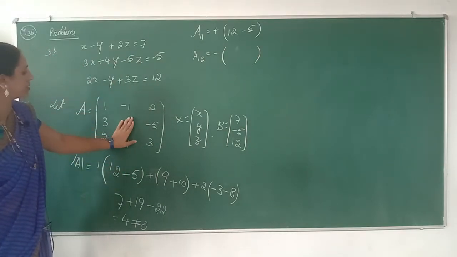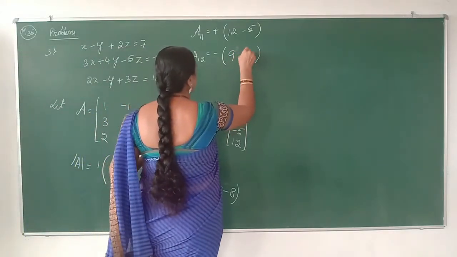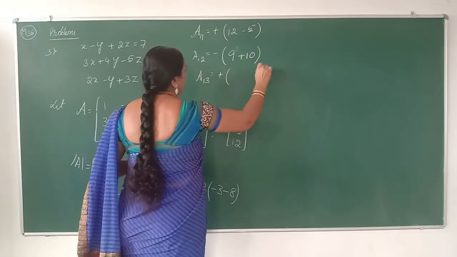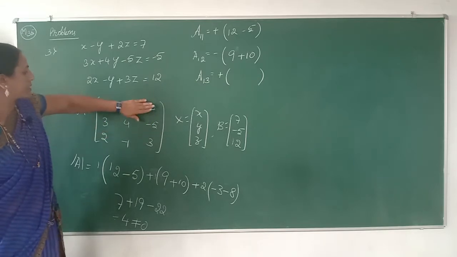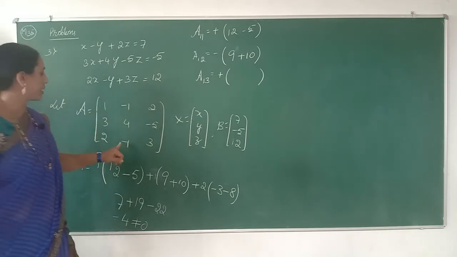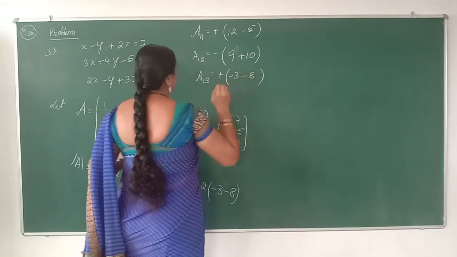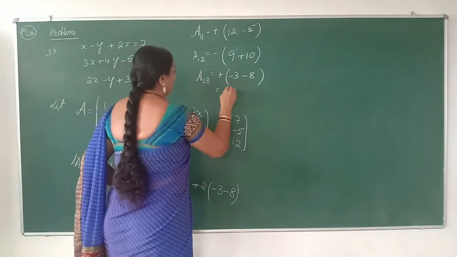These elements get neglected. Remaining are 9 plus 10. A13 is multiplied by plus, and it's an element of first row, third column. These get neglected. Remaining get cross multiplied: minus 3, minus 8. So minus 3 minus 8 is minus 11.